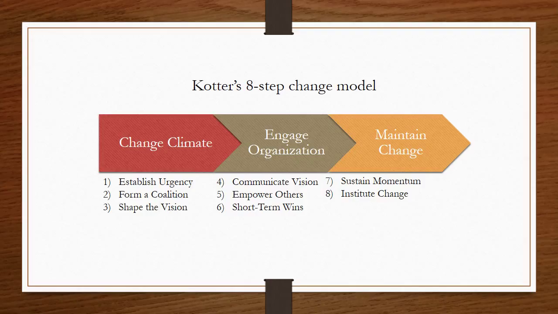Second is engaging the organization. And here the goal is to achieve a critical mass while acting as a servant to the change by removing as many surrounding obstacles as possible. The goal here is to achieve quick turnaround results that will keep the team motivated.